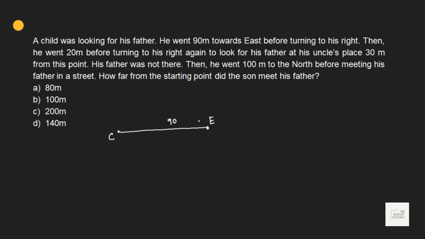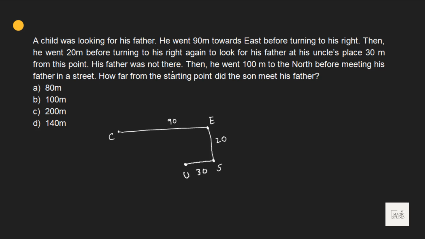Then he went 20 meters before turning to his right again. Now moving towards south and right means towards the west. At his uncle's place, 30 meters from this point.